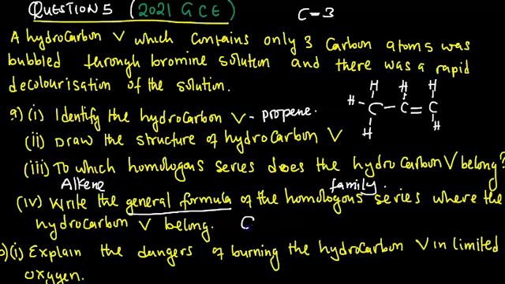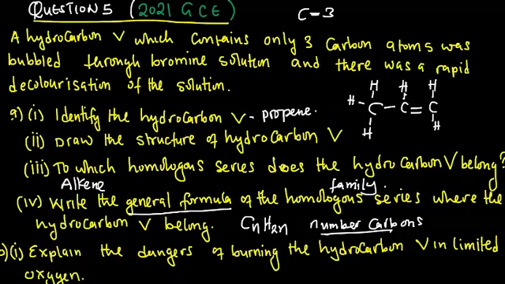And what is that? It is CnH2n, where n is the number of carbons. And of course, you should know that the first alkene, or the simplest one, has 2 carbons. There's no alkene that has a single carbon. So take note of that point.